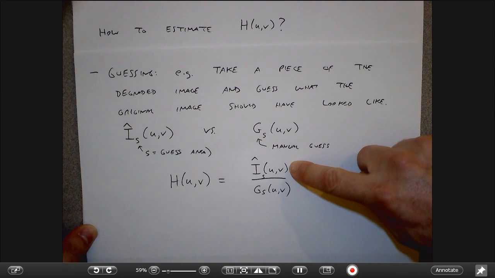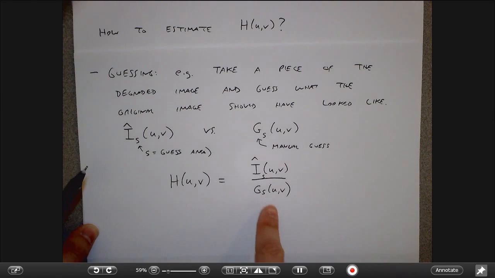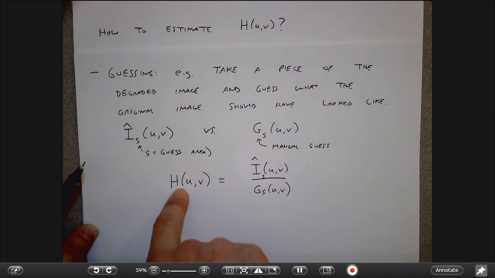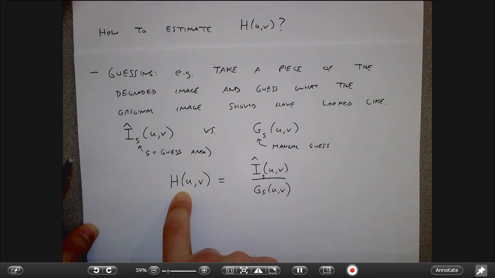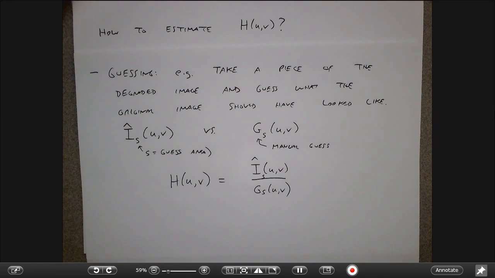Because it's like saying that my hypothesis is that this crappy version of it was produced by convolving the ideal thing with the frequency response of the blur, right?